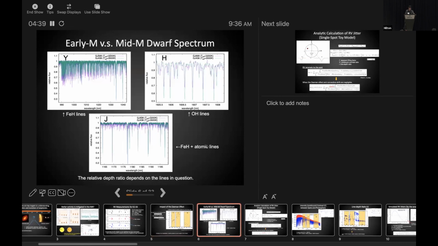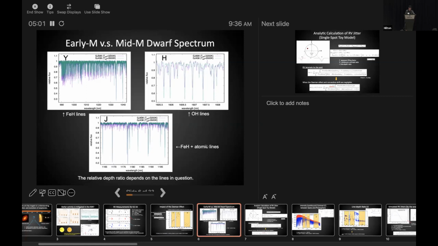So we had a closer look at the original M dwarf spectra and tried to understand what's going on. Here I show a comparison between two M dwarf spectra. One is GJ 436, whose effective temperature is similar to K2-33.